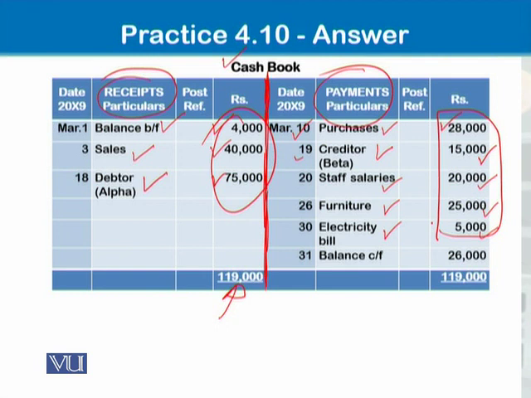119,000. So take your calculator and put 119 there in your calculator. I can wait. Bring your calculator. I suppose you are ready now. Put 119 there. Minus 28,000. Minus 15,000.